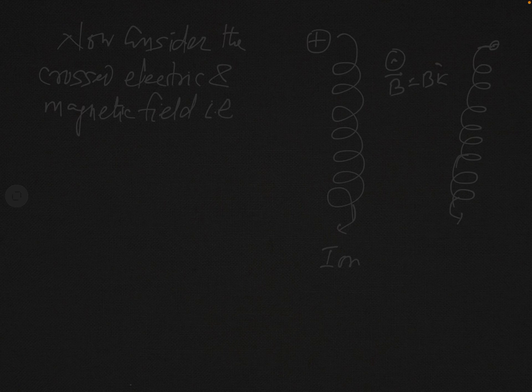When you say crossed electric and magnetic fields, it means electric field E and B are mutually perpendicular to one another.